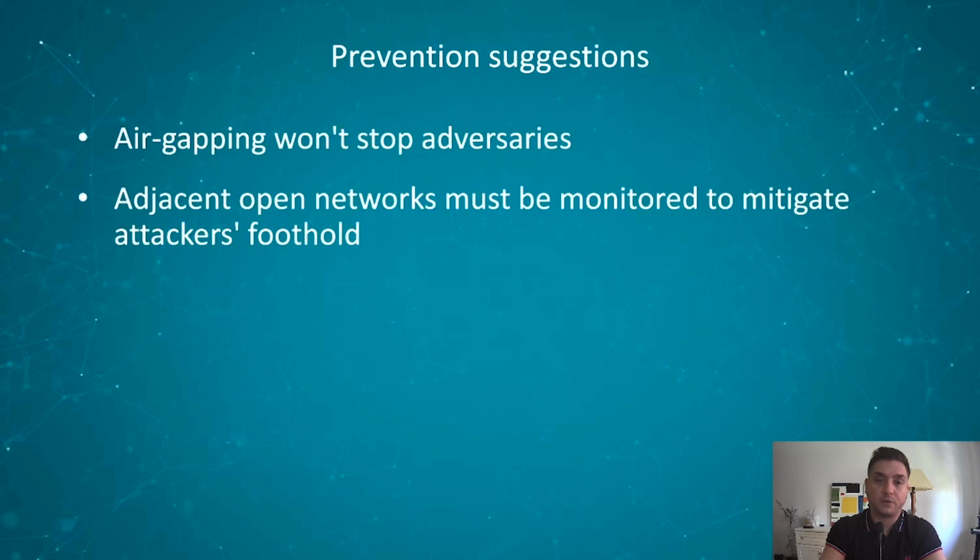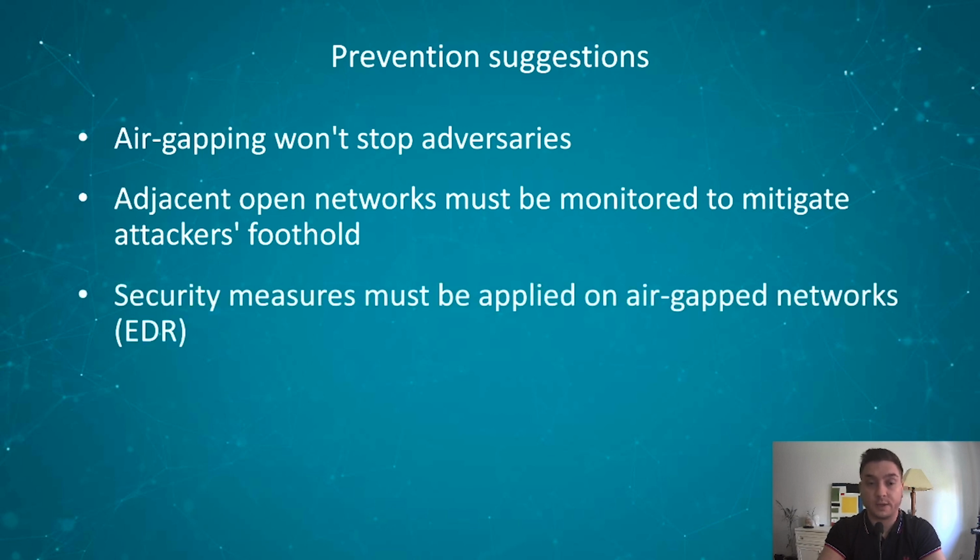And we came up with some prevention suggestions in order to mitigate Ramsay. One of the things that has to be done is that, because we believe operators have long-term persistence in adjacent networks, these networks have to be monitored in order to mitigate this foothold.